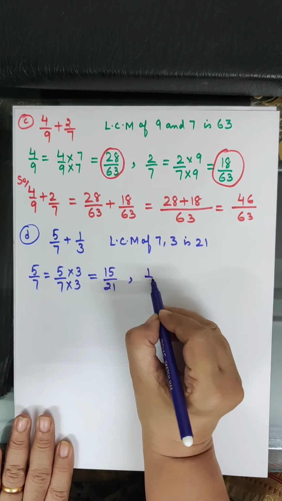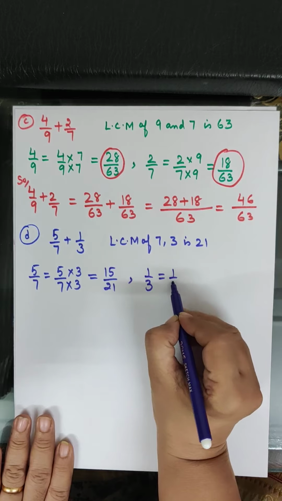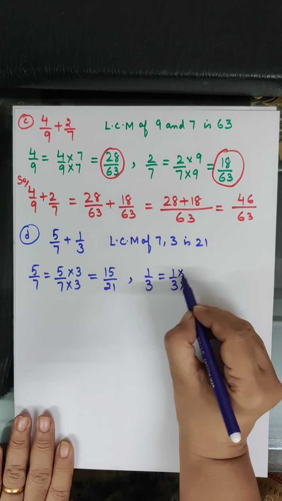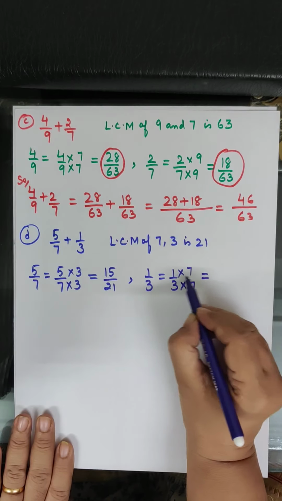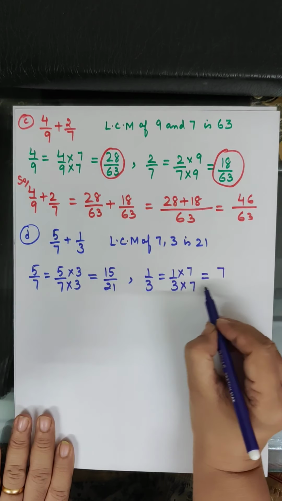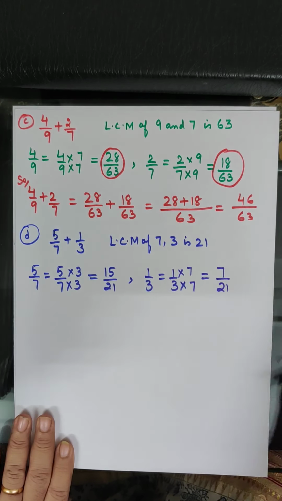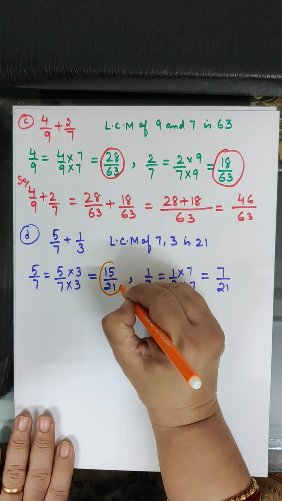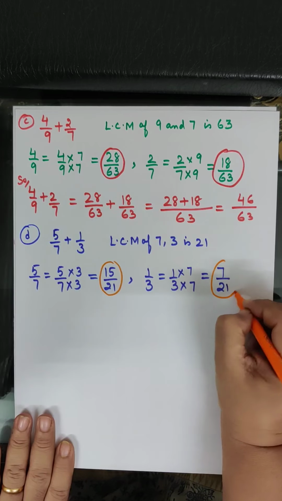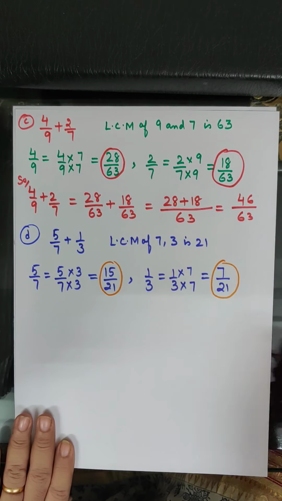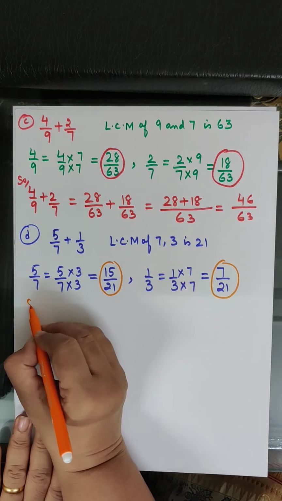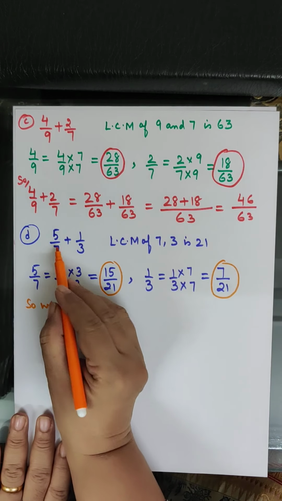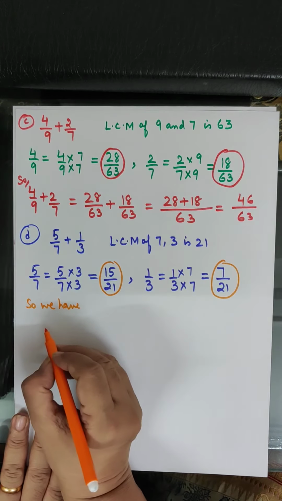Now next is 1 by 3. 1 by 3 is equal to what? We have to make the denominator 21. So multiply numerator and denominator by 7. So 1 into 7 is 7. 3 into 7 is 21. Alright. Now we have these two fractions. So we have 5 upon 7 plus 1 upon 3.